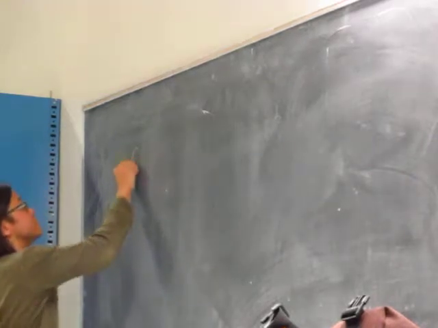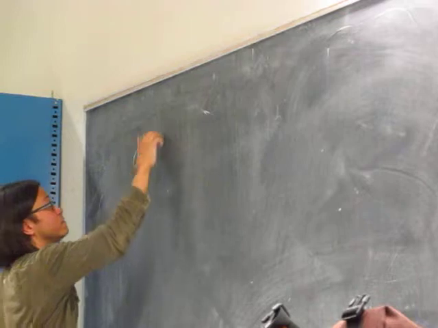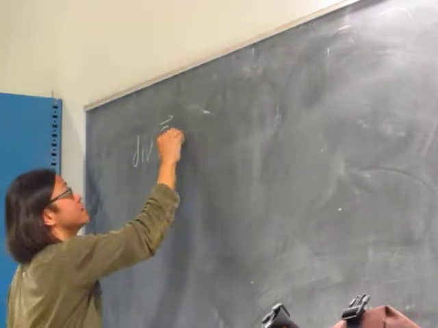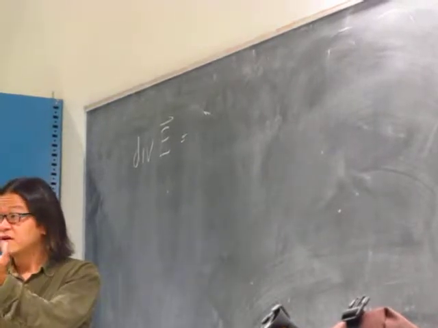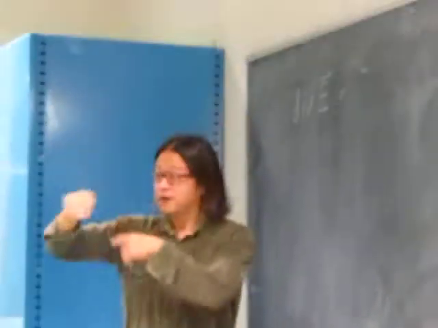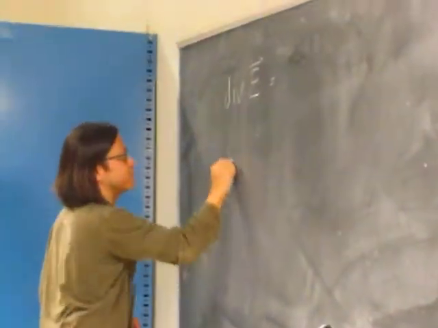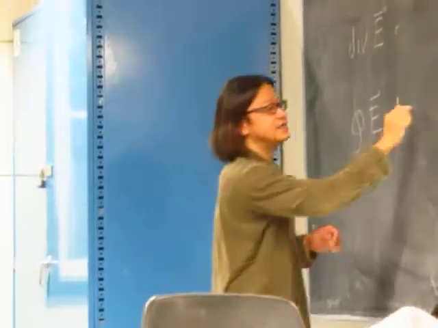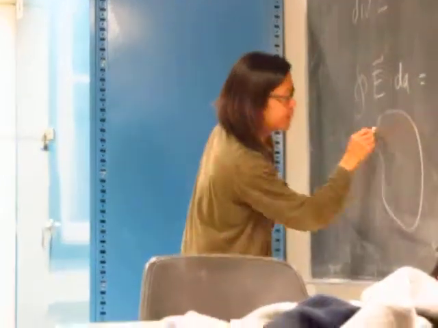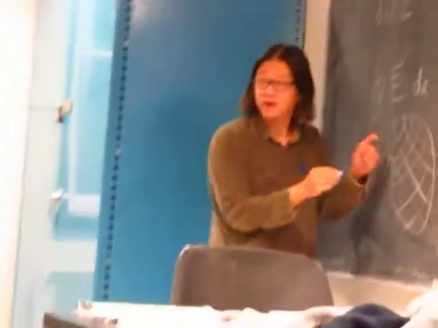But remember the definition of divergence of a vector E, say, is actually the limit of a flux over a sphere when you take the volume to zero. So remember, if you have a flux of E over dA, I can break this down.